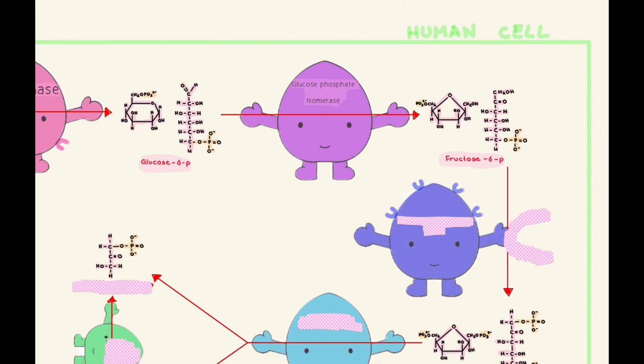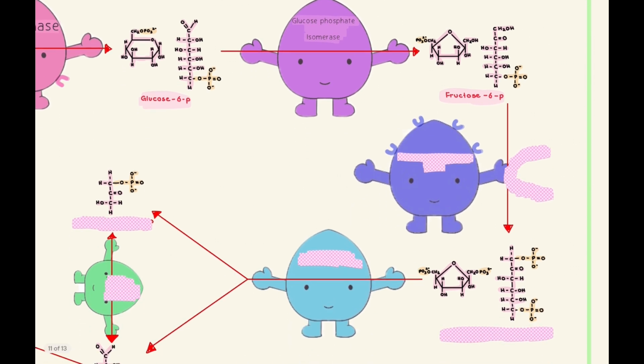In the next step, fructose 6-phosphate is phosphorylated by phosphofructokinase, also called PFK1, taking the phosphate from another ATP, which turns into ADP. This leads to the formation of fructose 1,6-bisphosphate.